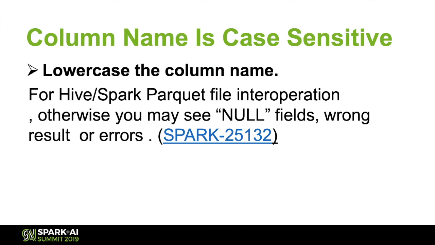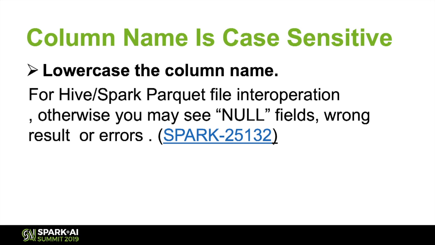The second case is that the column name is case sensitive. In a DBMS, column names are usually case insensitive when doing data selection. Well, this is not true on Spark, especially when the file is stored in a file format like Parquet, which stores the schema along with the data.